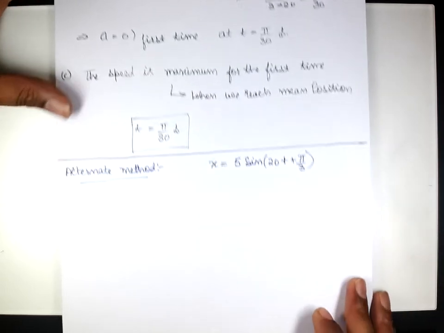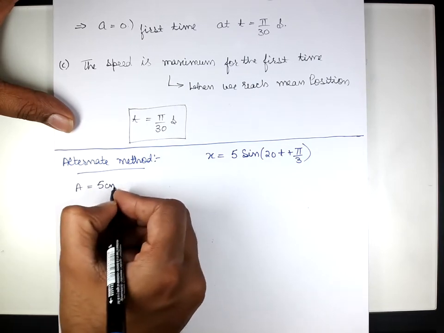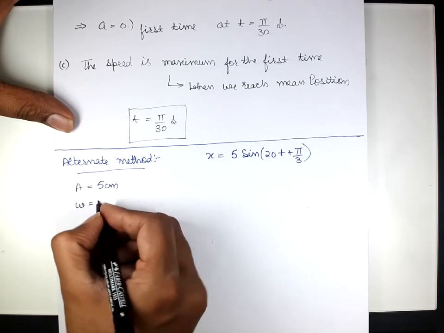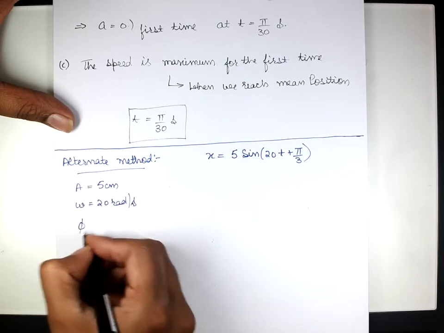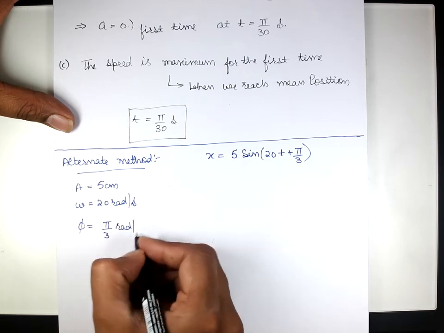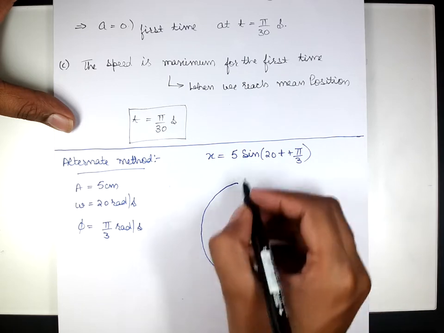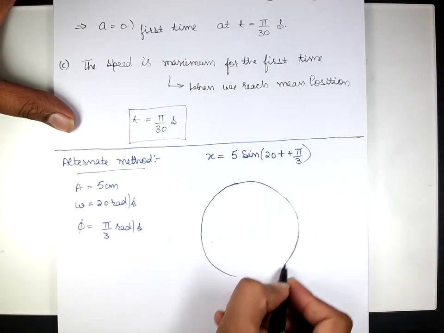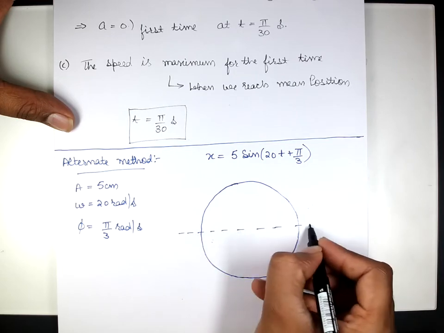Now this particular situation has A is equal to 5 centimeters, omega is equal to 20 radians per second, and phi is equal to pi by 3 radians. Now basically what is happening is that this particular part can be replaced by a circular motion by the concept of radius.